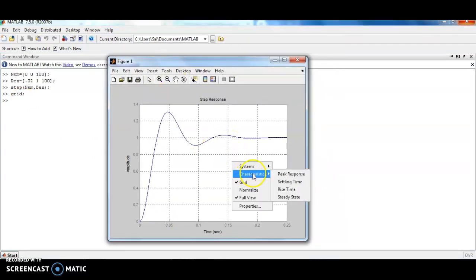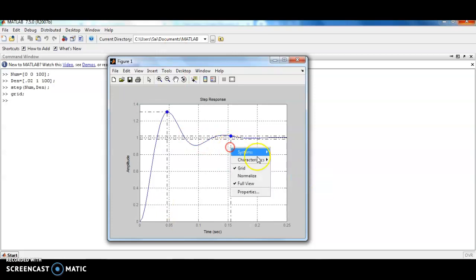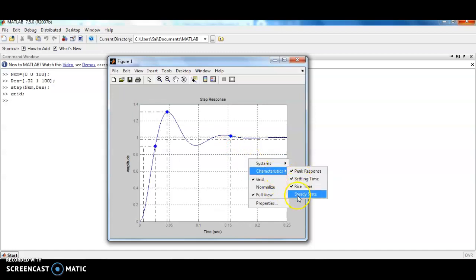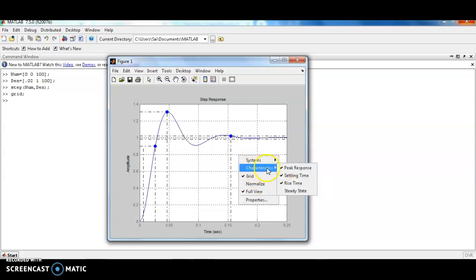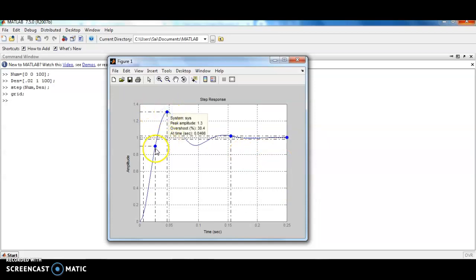Here we need to define peak response, settling time, rise time, then steady state. So right click on your mouse and you will get characteristics. Click on all the respective values, then you will get a dot. Click on that and you get the value.